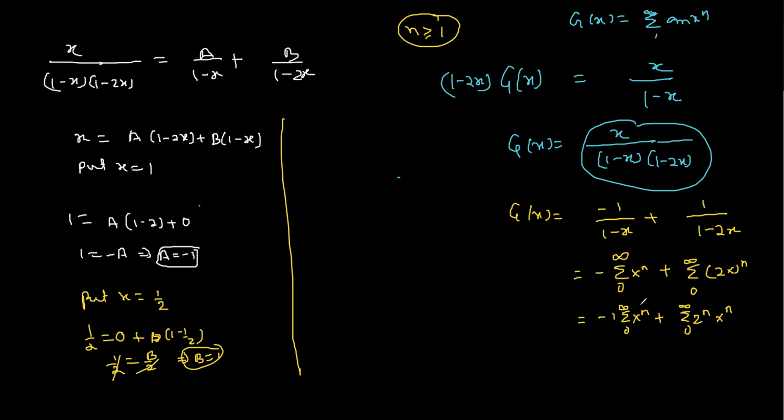Okay. And you know x raised to n is equivalent to what? 1. And this is equivalent to, see the formula. If x raised to n is there, then n will be 1, right? Understood? This whole thing becomes 1. Okay? And this is what? 2 raised to n.